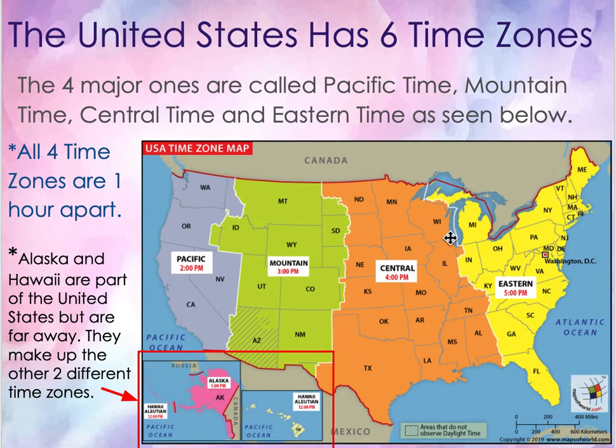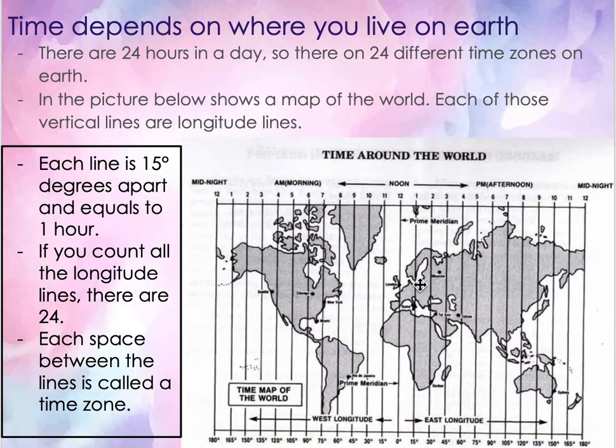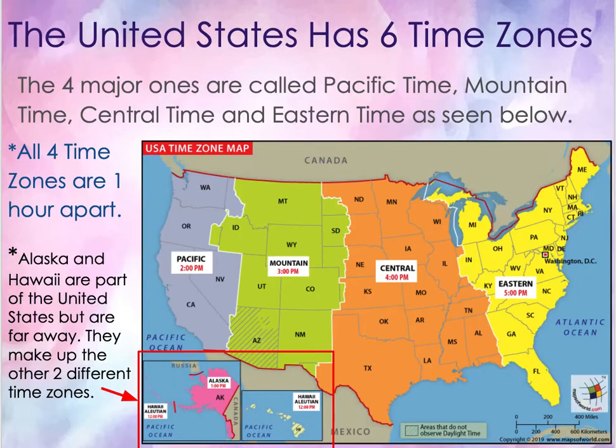So this is how it works. Each time zone, just like you saw in this picture, is 15 degrees apart and 1 hour apart. So you have 4 different time zones, not even paying attention to Alaska or Hawaii, and these are all 1 hour apart. You know for sure that New York is always ahead in time of California.